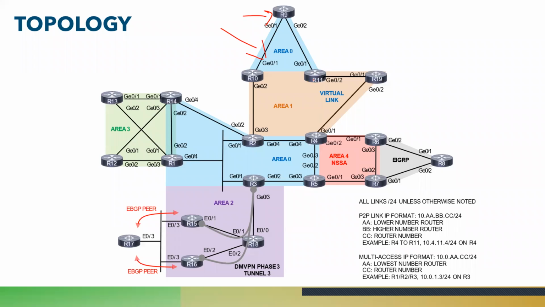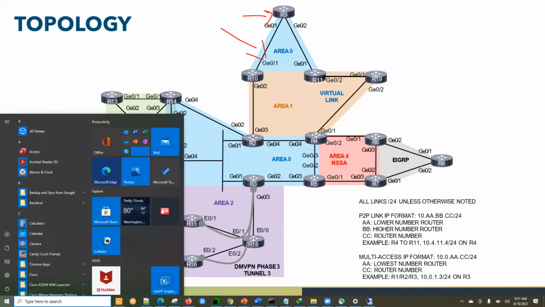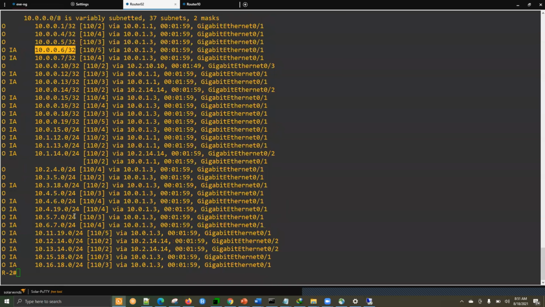So do we have 11? Do we have this network? Let's see. So inside R2, do we have 10? I can't see other networks.